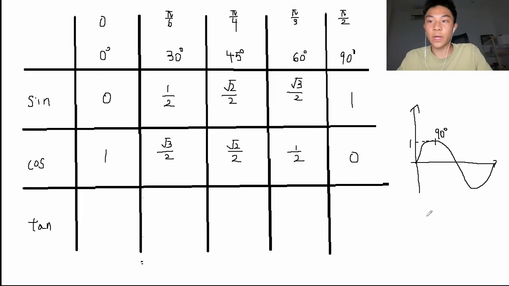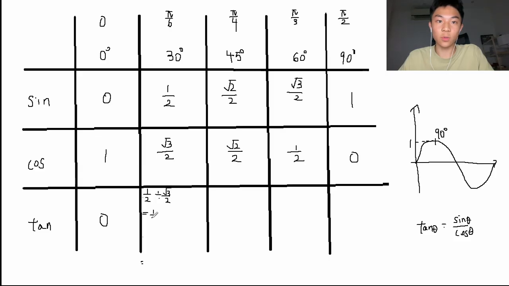So for tangent, you might want to remember that tangent is just the same thing as sine over cosine. So tangent 0 is just the same thing as sine 0 over cosine 0. So 0 over 1 is 0. 1 over 2 divided by root 3 over 2. Let's write it down here.